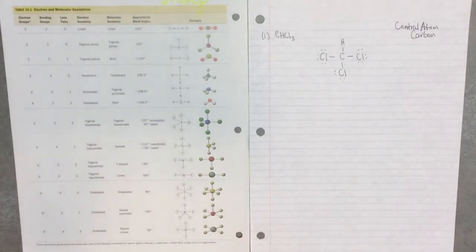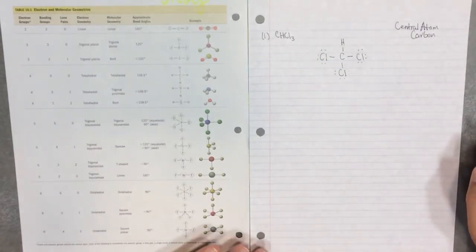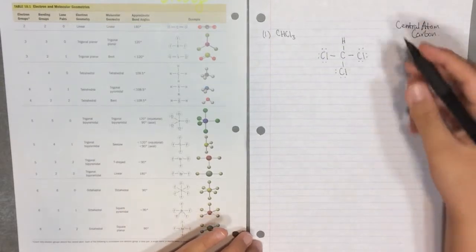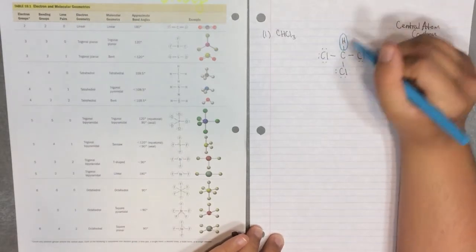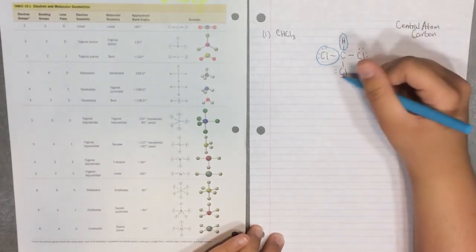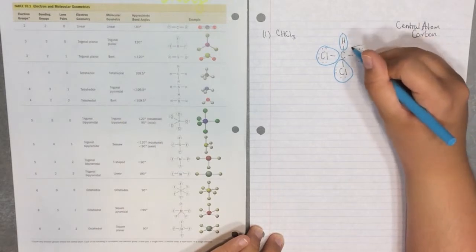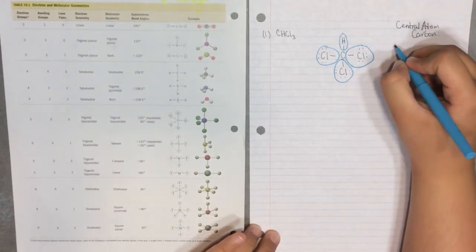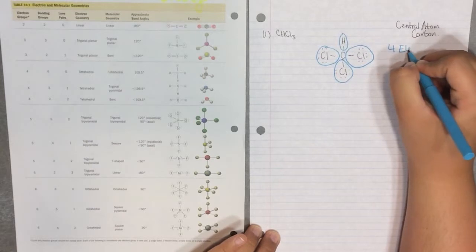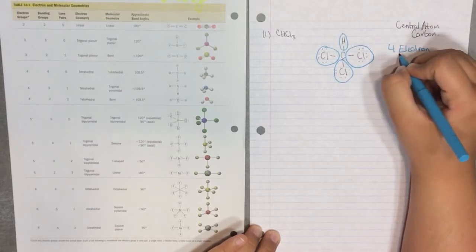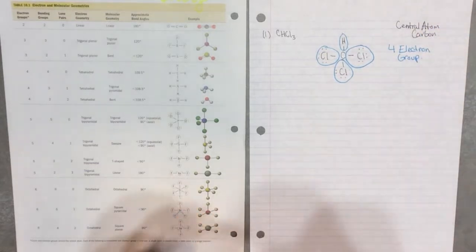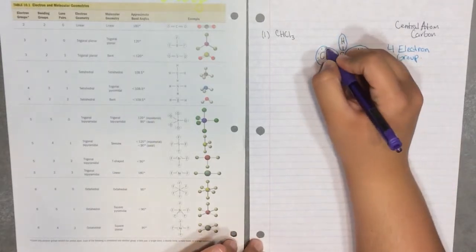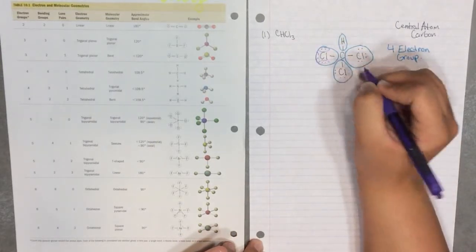Then you'll want to identify the number of electron groups. Here we have 1, 2, 3, 4 electron groups. Now you'll see that there are no lone pairs in this example, as all of the electrons have mates.